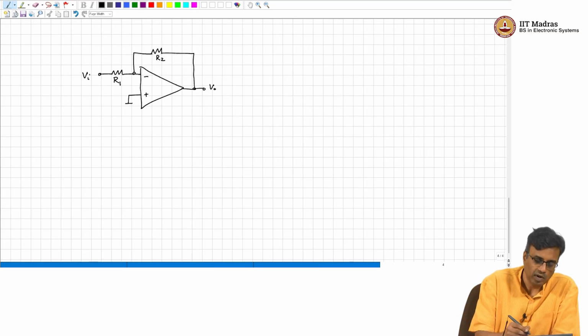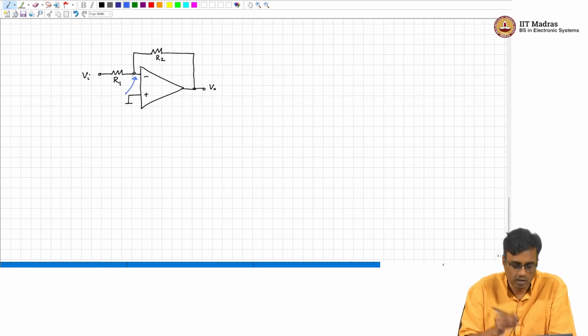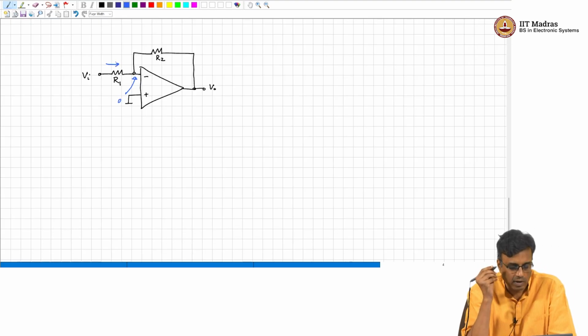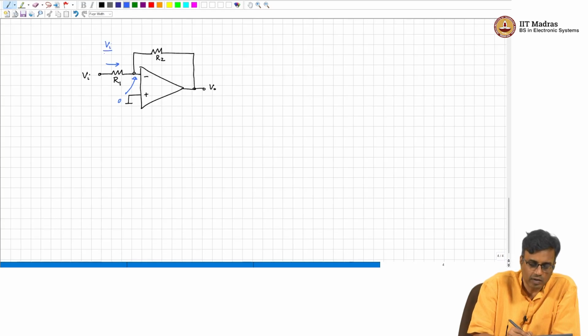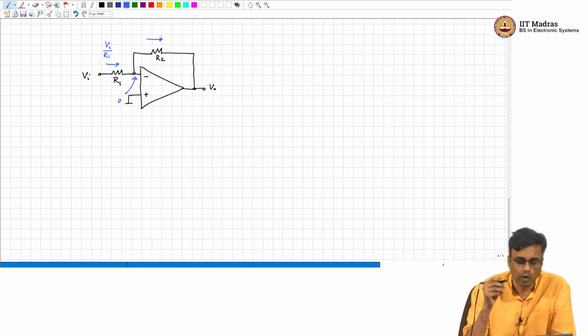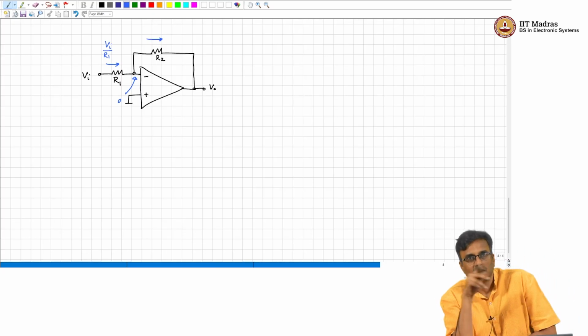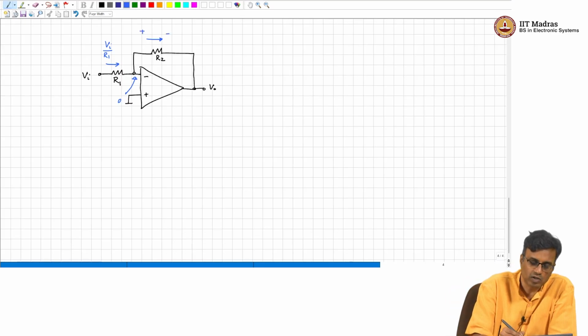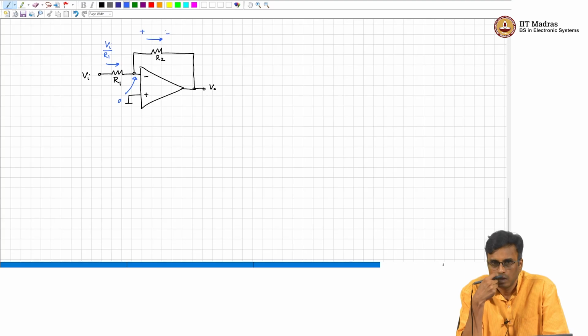If the op amp is operating in negative feedback, this voltage is 0. So, what is happening through R1? A current of Vi by R1 is flowing through R1, and then that same current flows through whatever is there in the feedback branch. So, that current is causing a voltage drop of Vi times R2 by R1.